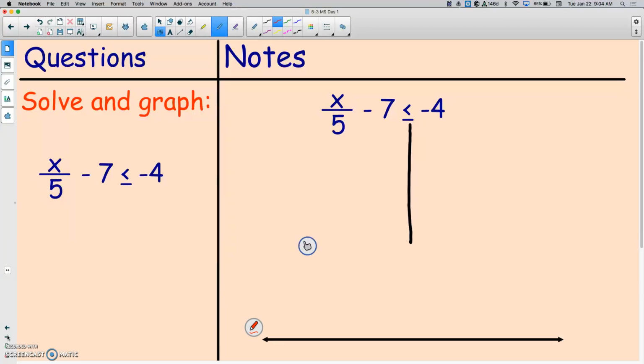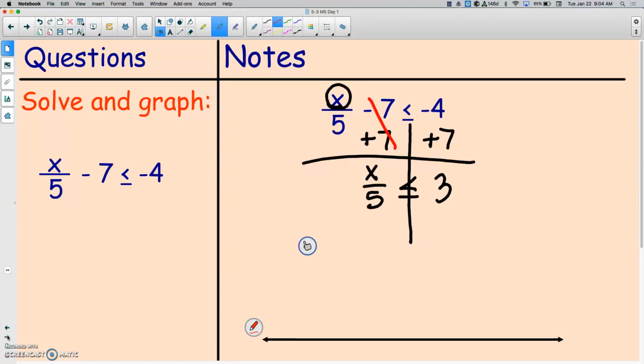Next one. I need to add 7 first. Cancel out subtracting 7. So x divided by 5 is less than or equal to 3. -4 plus 7 is 3. And then this time I'm multiplying by positive 5. So I don't flip my symbol.